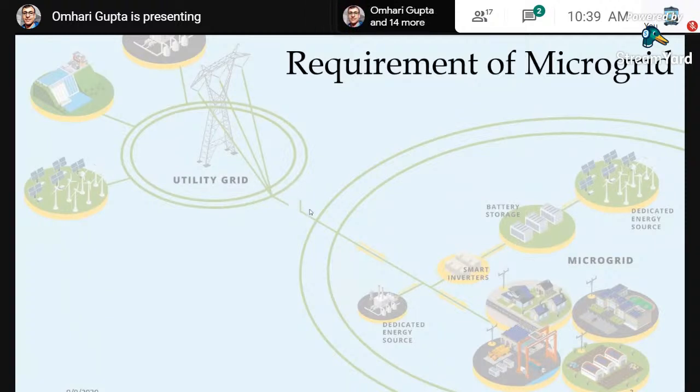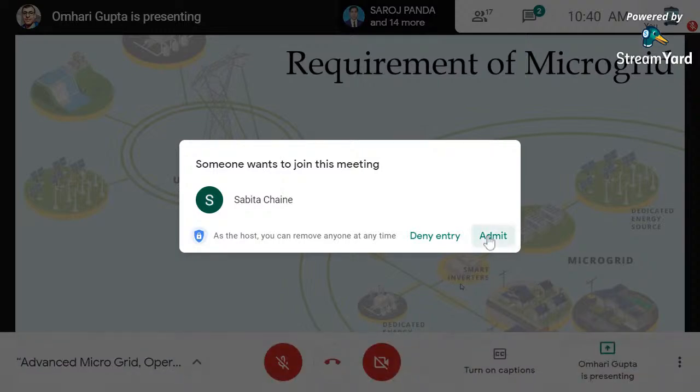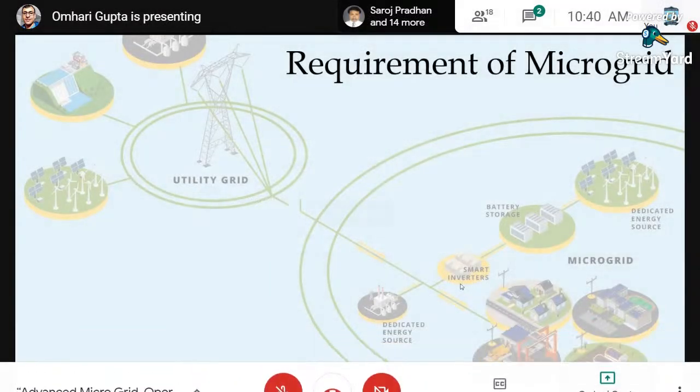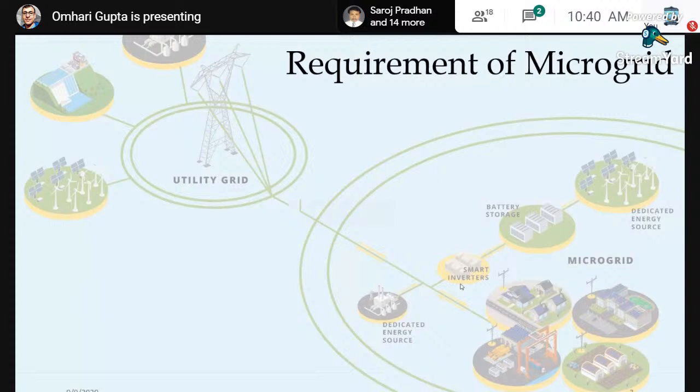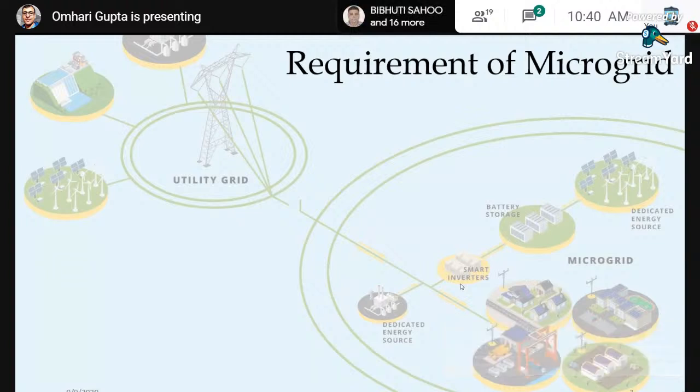In that situation, this dedicated energy source, or we can say distributed generation, has to take care of the voltage and frequency. So whenever there is an islanding event, you have to detect it as soon as possible and have to change the mode of operation of distributed generation. That is one of the aspects of detecting the islanding.